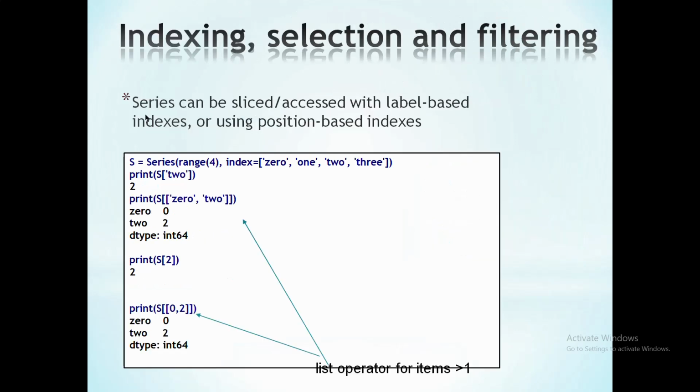Earlier we referred to the value 2 as the key value, so automatically we get the output 2. 0, 2 will be the index, so automatically we get 0 and 2. Then I am referring to S of 2, which refers to the index 0, 1, 2, so the corresponding value is printed here.